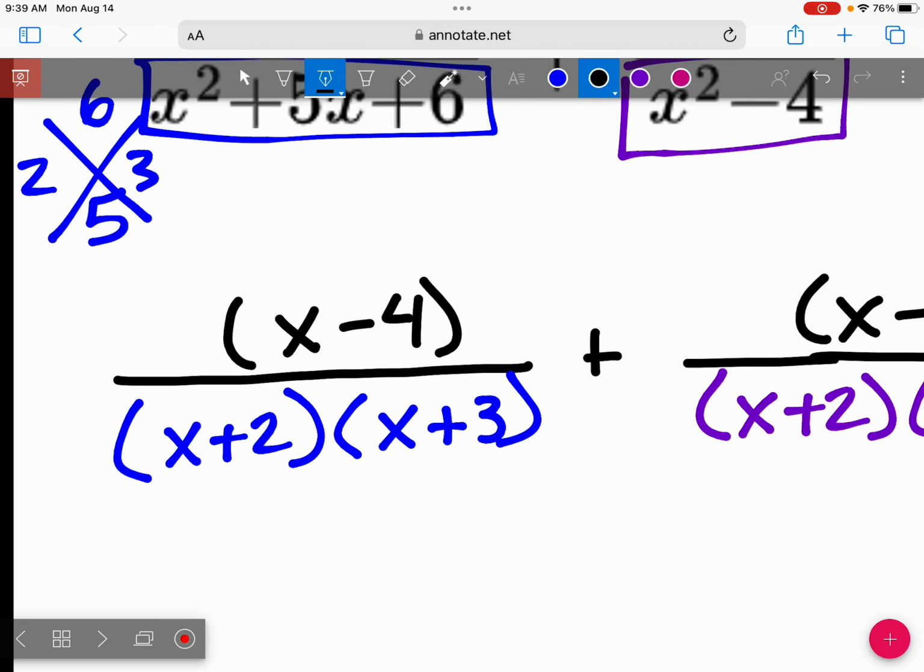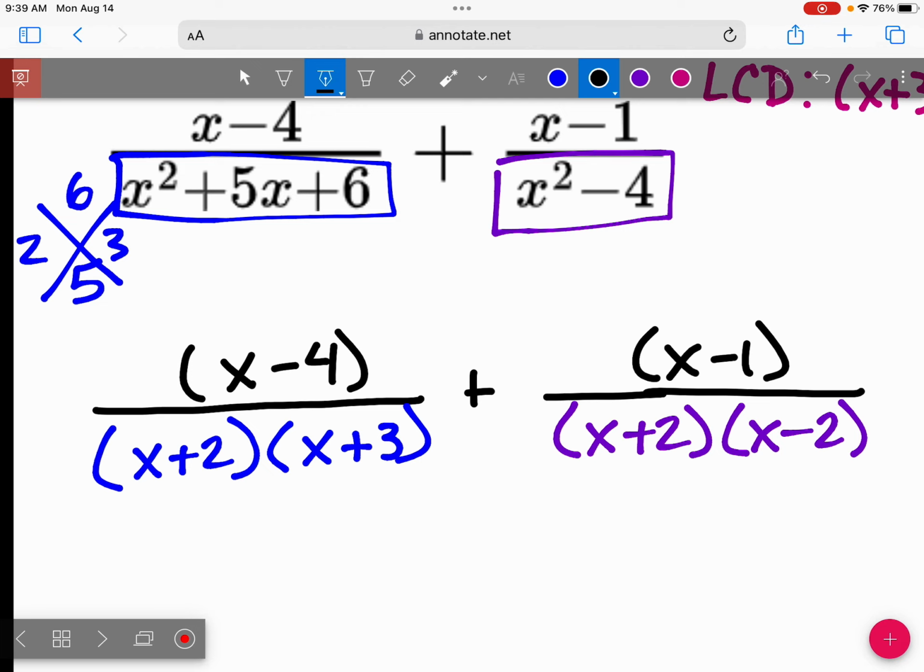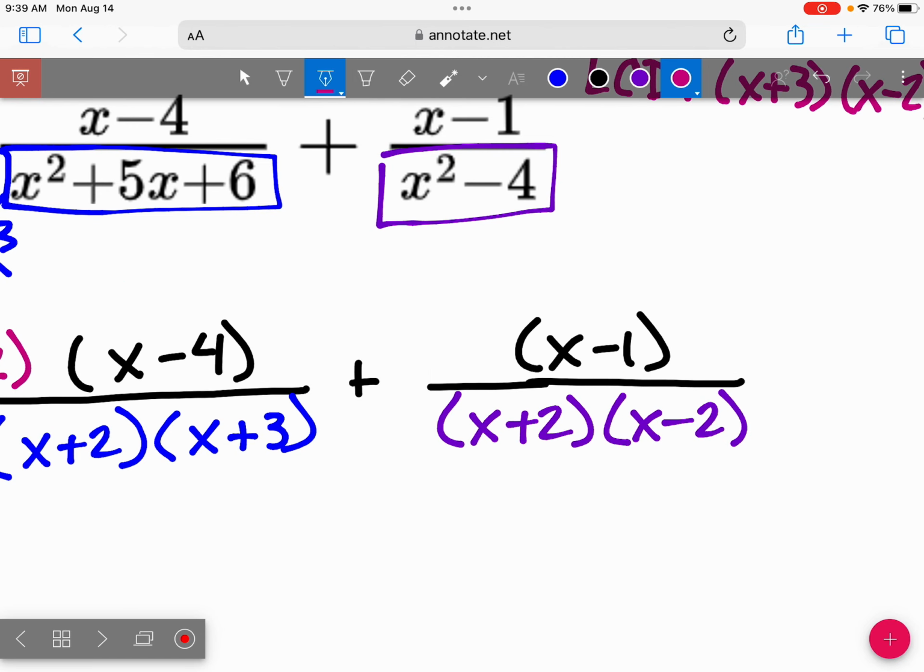So my left guy over here, the piece he's missing is that x minus 2. My right guy, the piece he's missing, is the x plus 3.